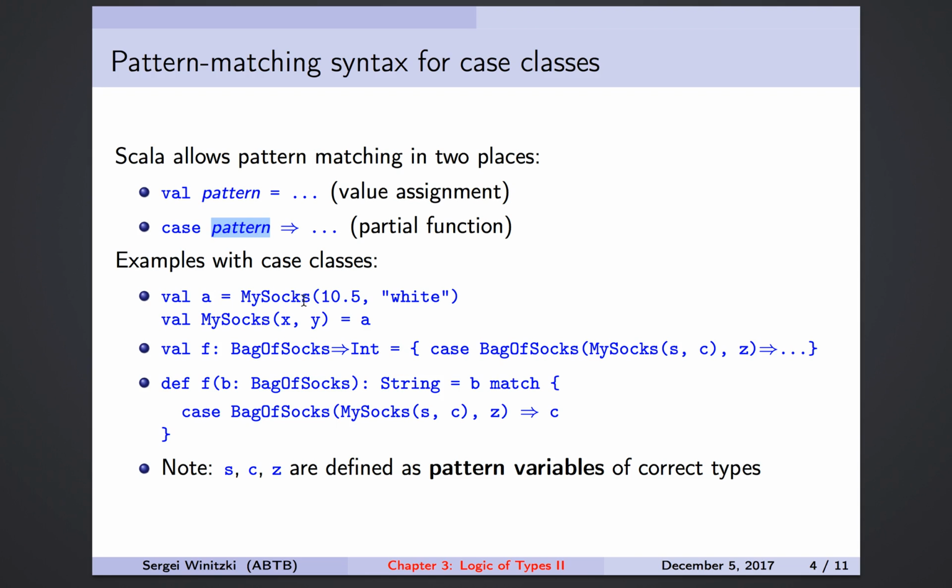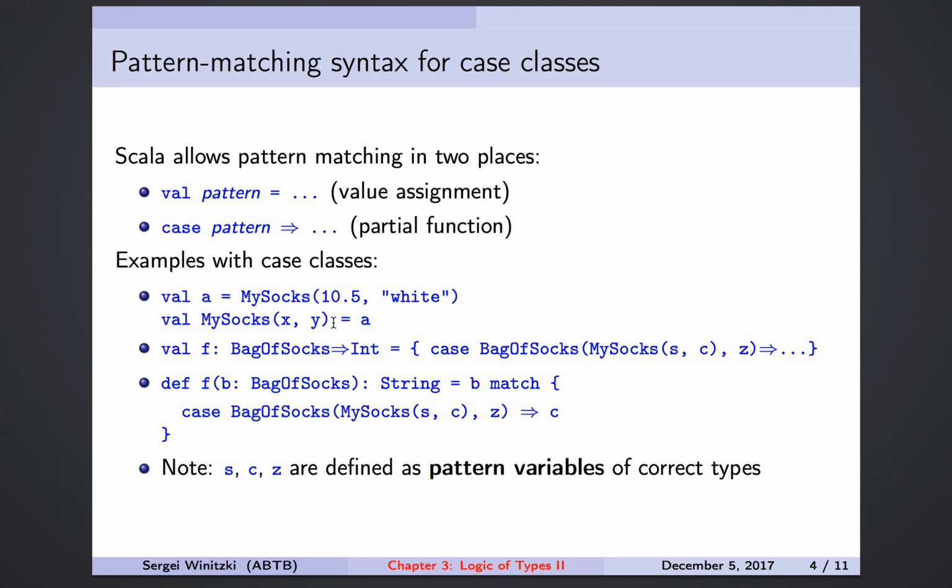So here are some examples. Let's say a is my socks. And then I want to get both the size and the color of my socks. So I can write a definition like this, where I define x and y at the same time using the pattern matching.